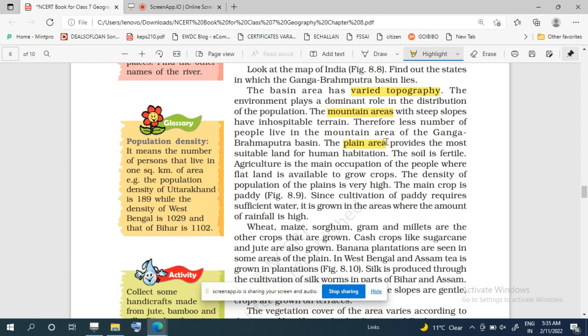So fewer people live in those areas. If we see the plain area, we find that the plain area provides the most suitable land for human habitation, because the topography is very suitable. Not only this, the soil is also very fertile, and it is very suitable for the purpose of agriculture.